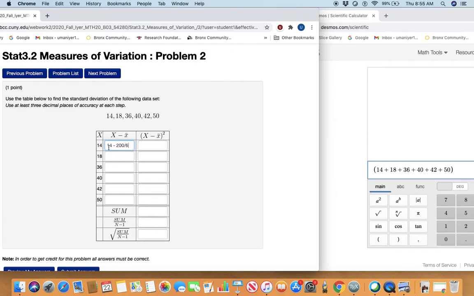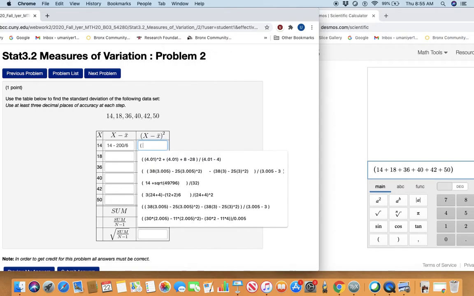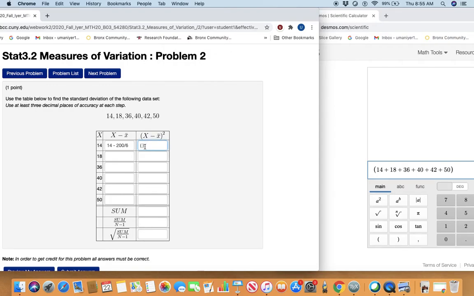Now here we are going to square it. So we'll write that in parentheses. Notice there are parentheses. So copy that material into this and don't forget power 2. Power 2 is written with a hat 2.